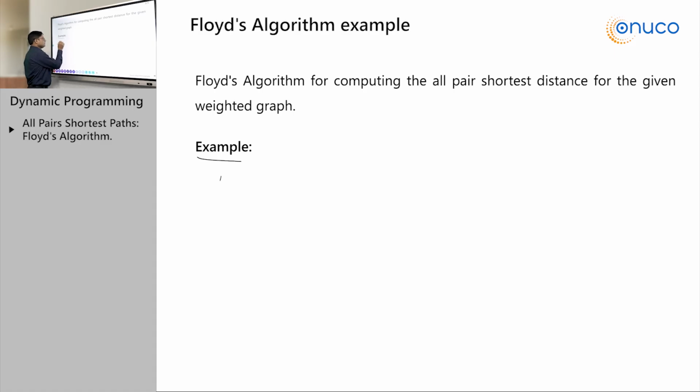Say we have an example with vertices A, B, C, D. A to B, say here we have 5. B to C, say it is 3. A to D, it is 10.